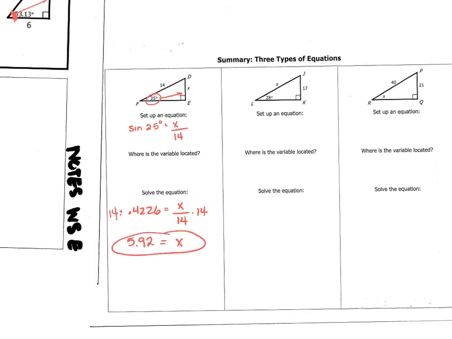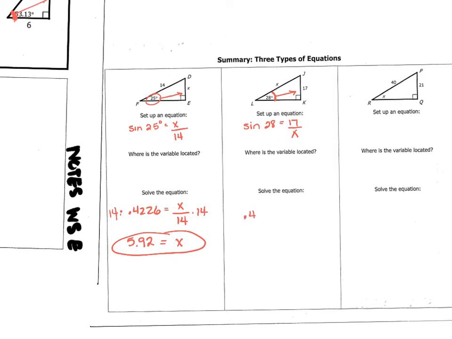Now in the next problem, I'm going to set it up again using a trig function. I know that the angle is 28, so in relation to the 28-degree angle, I know opposite. So opposite over hypotenuse is going to be sine of 28 degrees equals opposite over hypotenuse. I'll find the sine of 28 degrees.